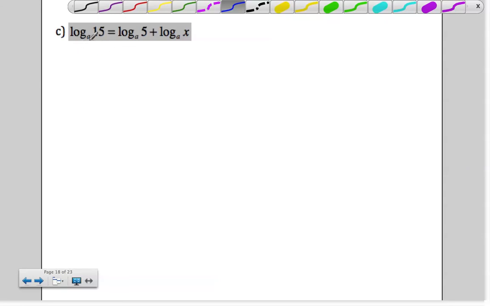Okay, so here all the bases are the same, but I can't do any simplifying here, no simplifying here, no simplifying here. You can probably guess that we're going to apply the rules. So I'm going to start by just merging these two together. I'm allowed to do that because the bases are the same. So log base a of 15 equals log base a of those two multiplied together.